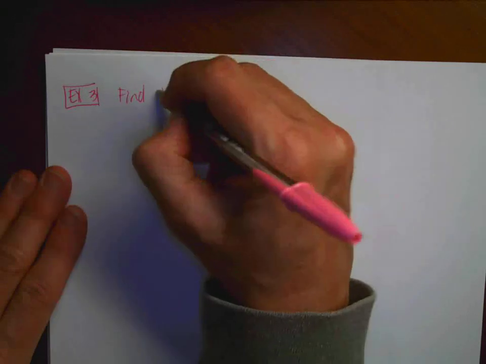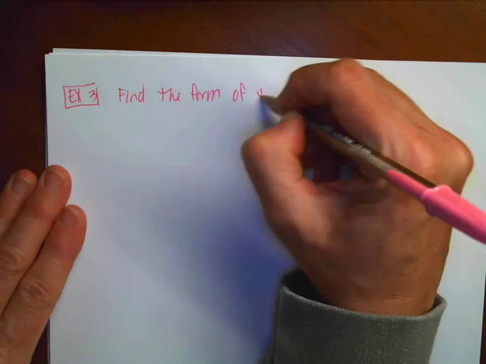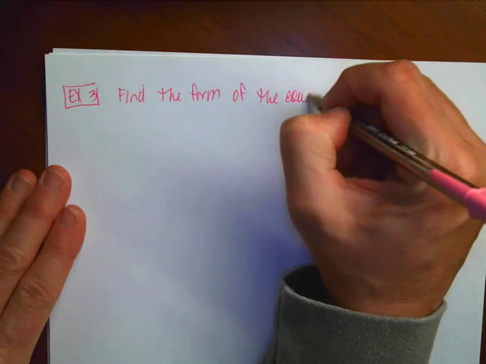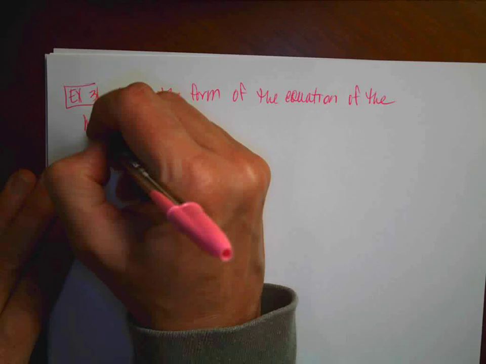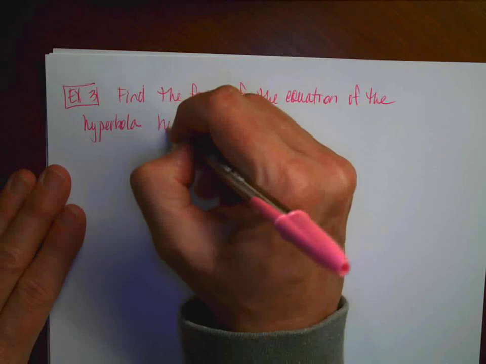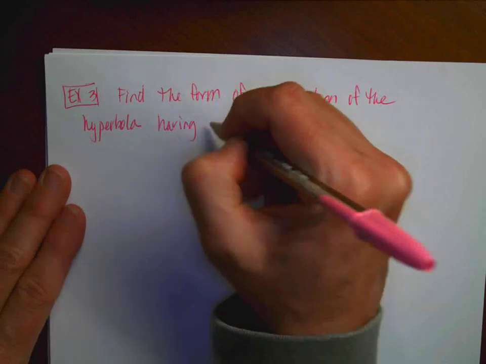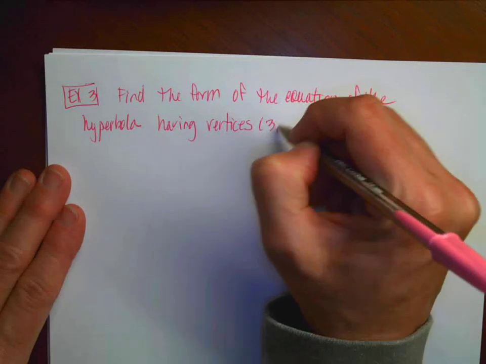All right, I have one more example for us. So example number 3, and I want to find the same thing, the standard form of the equation of the hyperbola. And this time they're going to have vertices.